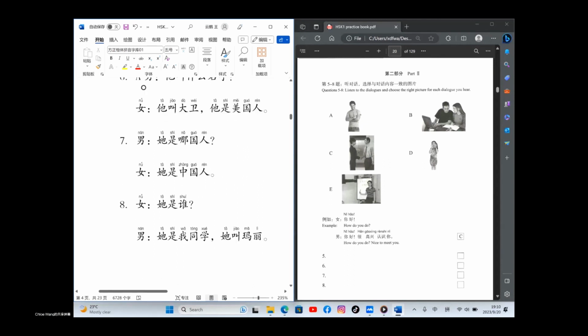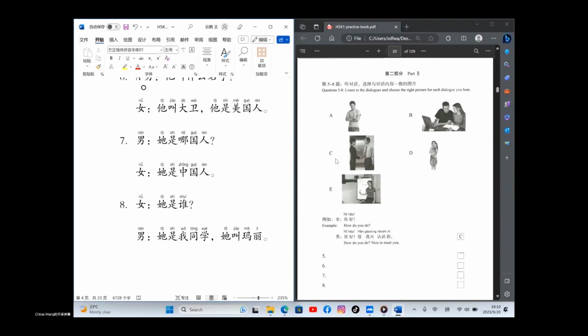Question 7. 他是哪国人？ Which country does he come from? 他是中国人. He is Chinese. By listening to this recording, we actually cannot tell the male 他 or the female 她 we are using.